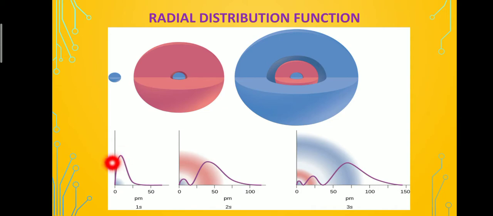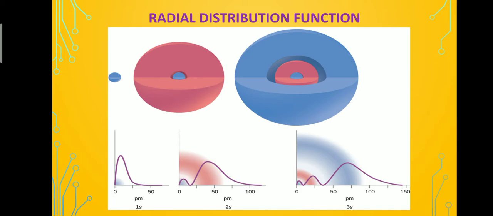From this graph we can find the maximum probability distance from the nucleus. At a distance of 0.5 Angstrom from the nucleus we can find the electron, and the probability is maximum at that distance, and this distance is equal to the Bohr's radius for a hydrogen atom.